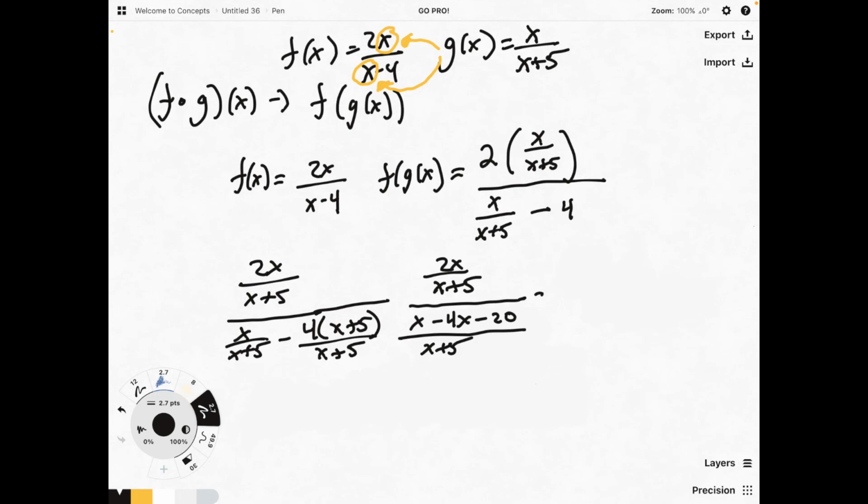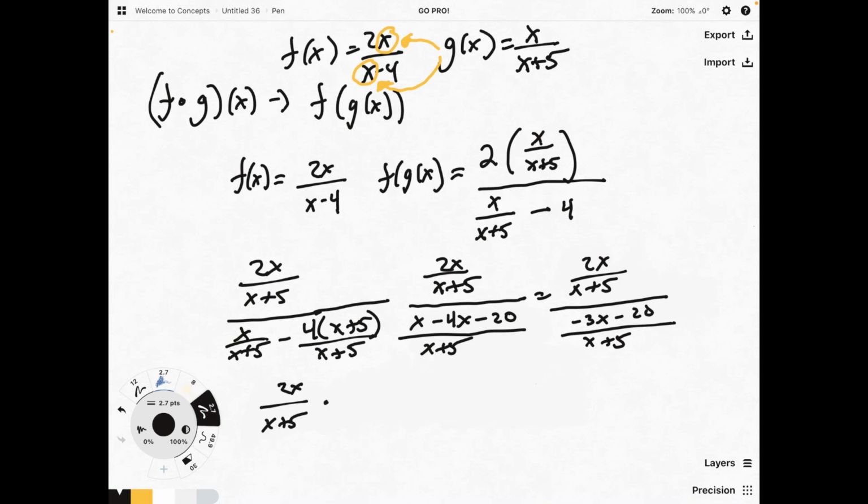This simplifies down to 2x divided by x plus 5, and then that divides by x minus 4x, which is negative 3x minus 20, and then divide that by x plus 5. Now with our rules of division with fractions, we get the 2x divided by the x plus 5, and then multiply it by its reciprocal.